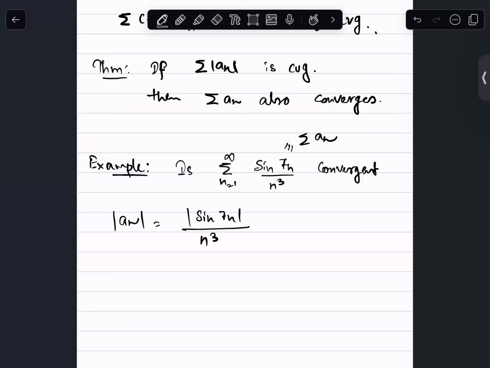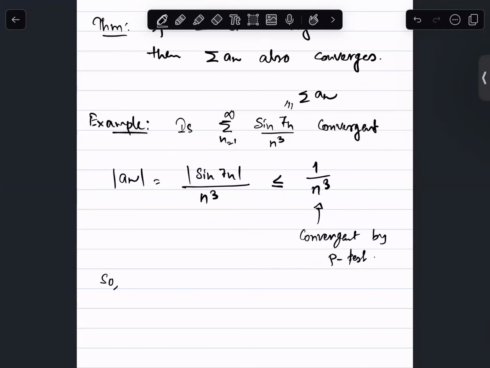And I know that the trigonometric function sine is bounded by 1 and minus 1 from above and below. So in this case, I can write this inequality like this. And this is convergent by the p-test, right?